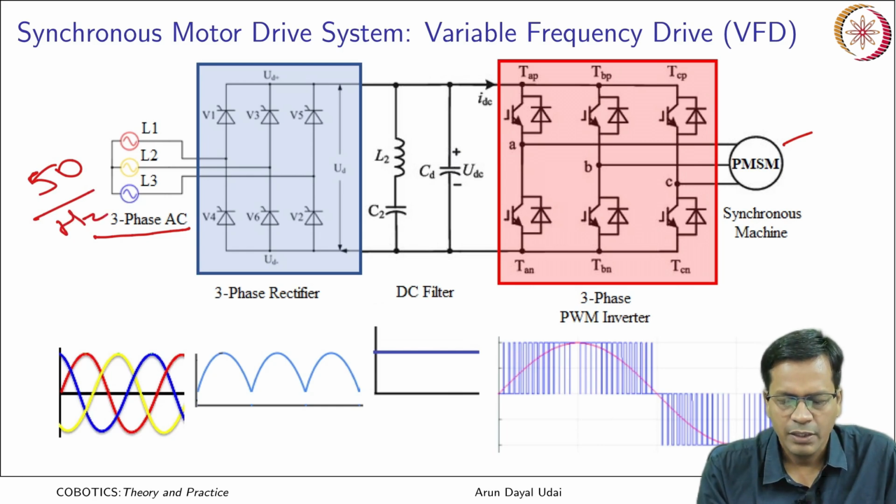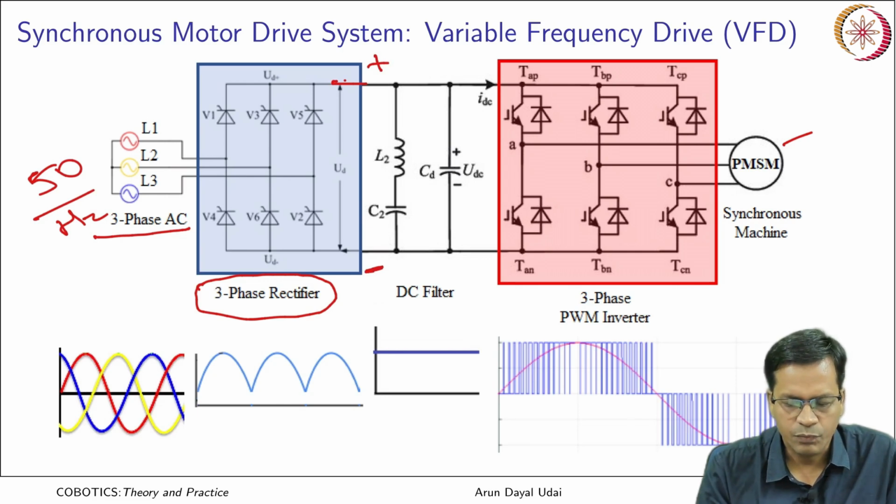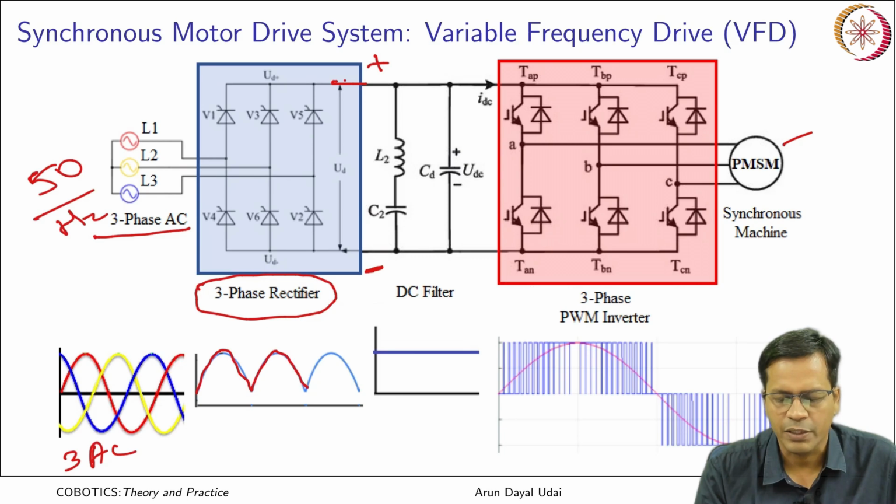You have a 3-phase rectifier which is nothing but a bridge rectifier, and finally you get a positive over here, negative over here. So you have converted the 3-phase AC signal to a DC signal with a ripple. These are the ripples.